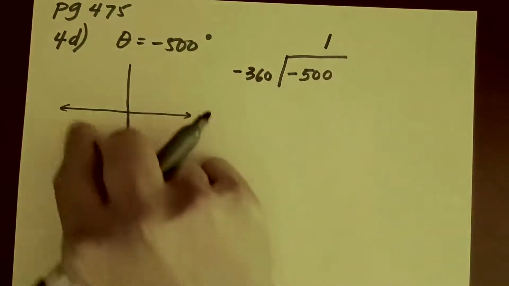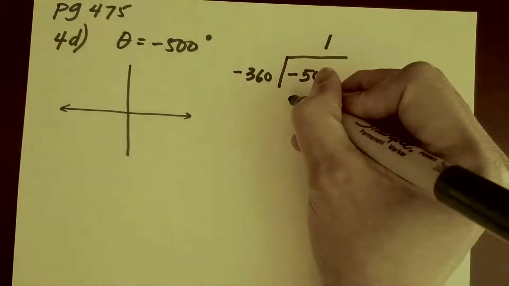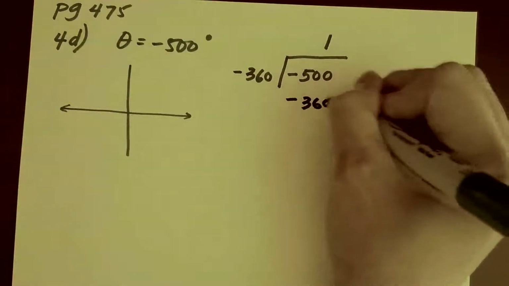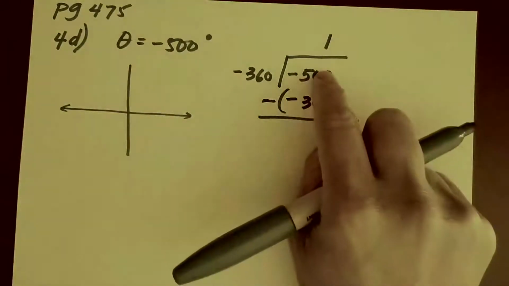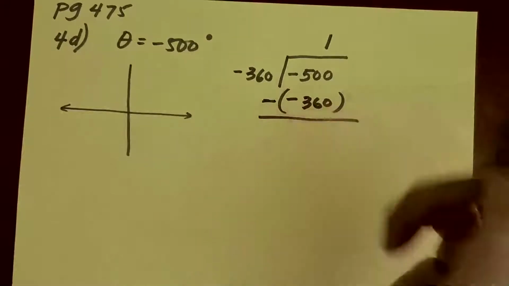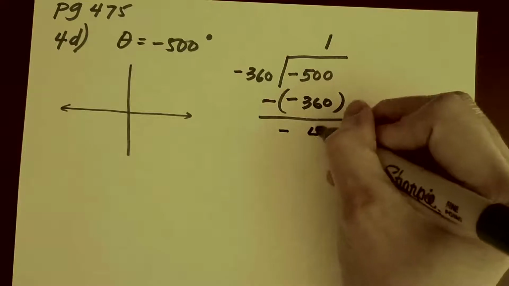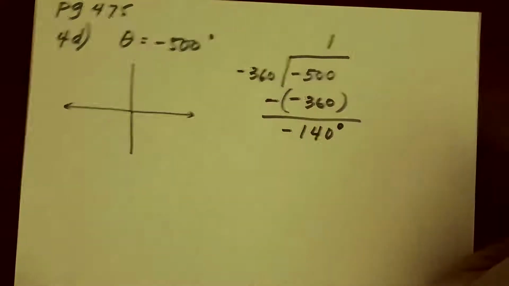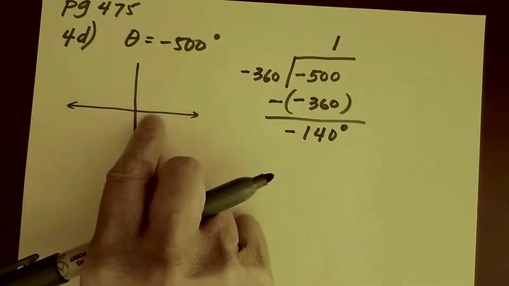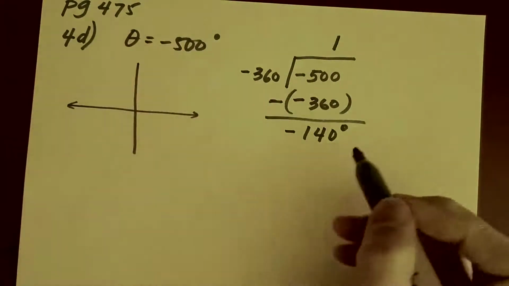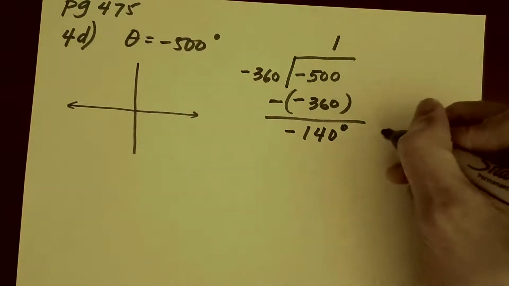That means one full turn this way, and 1 times negative 360 is negative 360, which I subtract. Negative 500 minus negative 360 gives negative 140 degrees. So I have one full turn this way, and then I have to turn negative 140 degrees more.